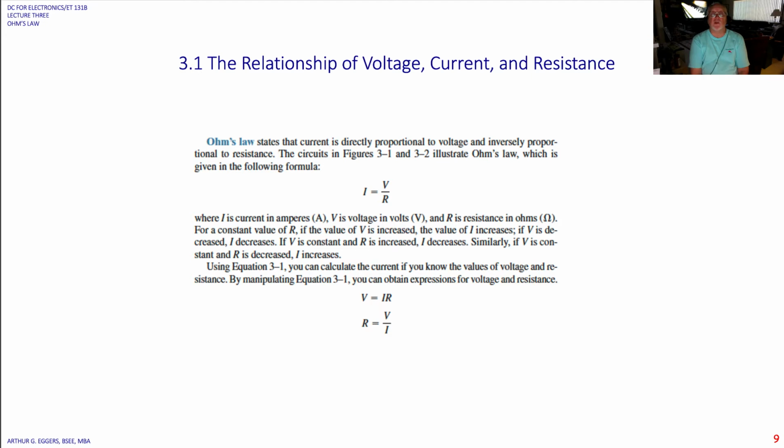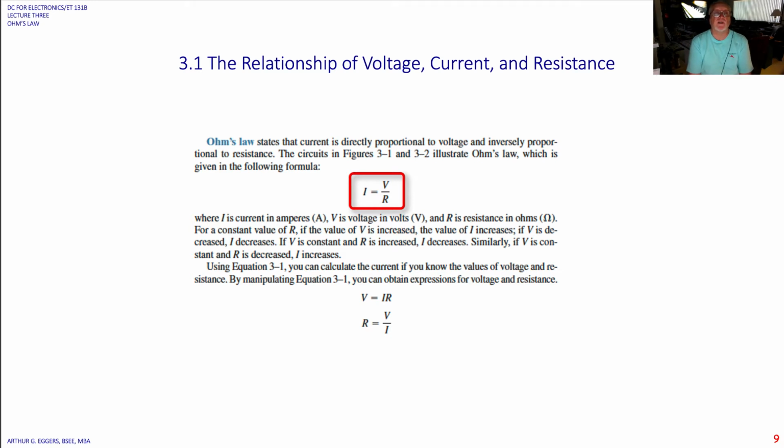If we use the form of Ohm's law that says the current is equal to the voltage divided by the resistance, we can see that the current and the voltage are both in the numerator, so they are directly proportional. But the resistance is in the denominator, so they're inversely proportional. So as resistance goes up, current goes down. As resistance goes down, current goes up.